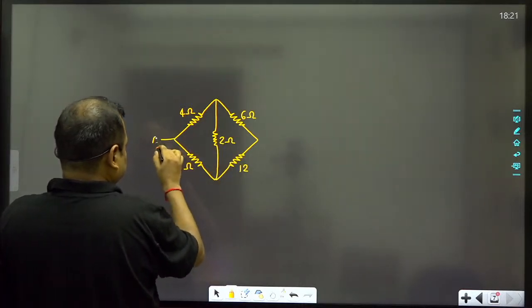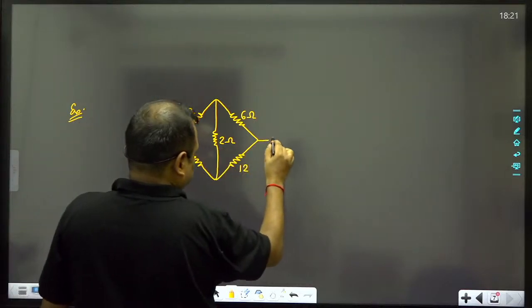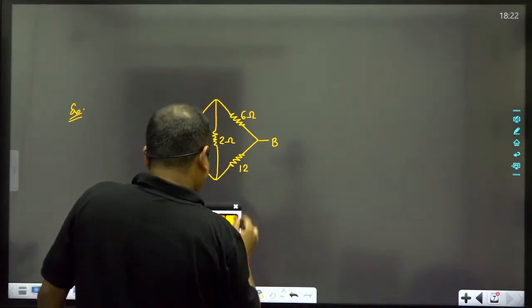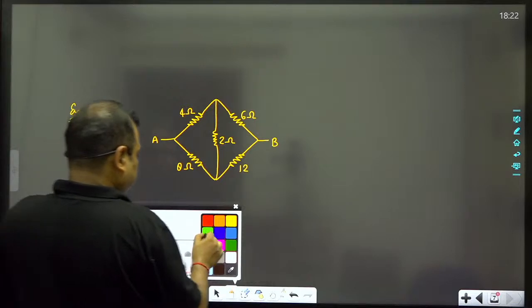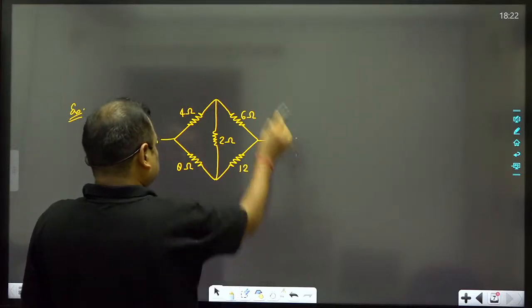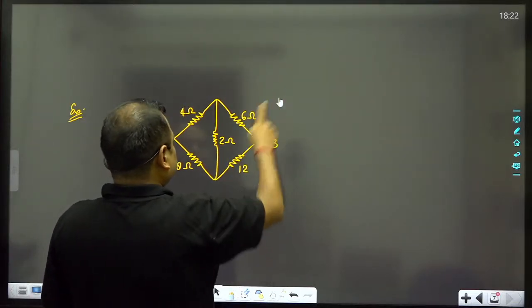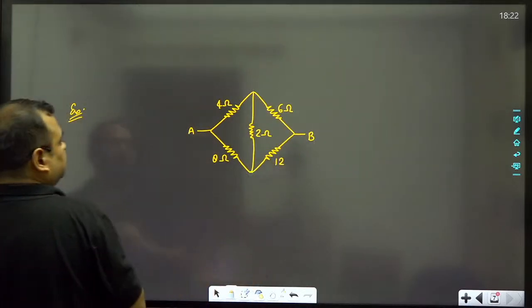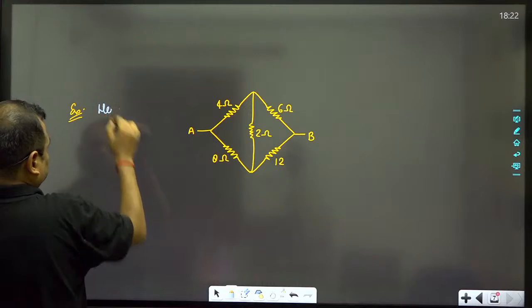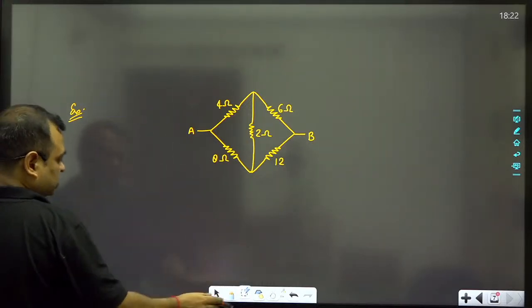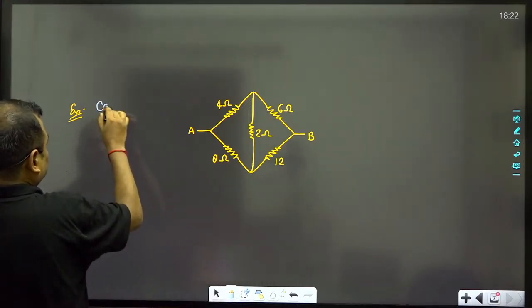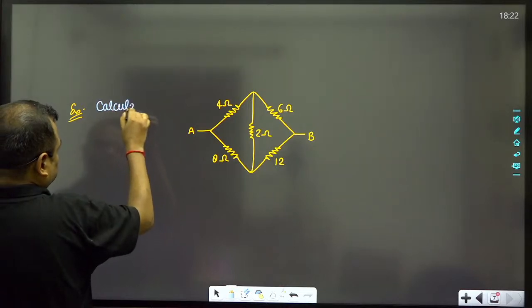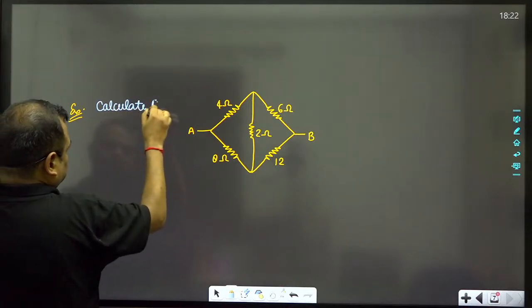This is A and this is B. What should be the resistance between A and B here? You are asked to calculate R_AB.